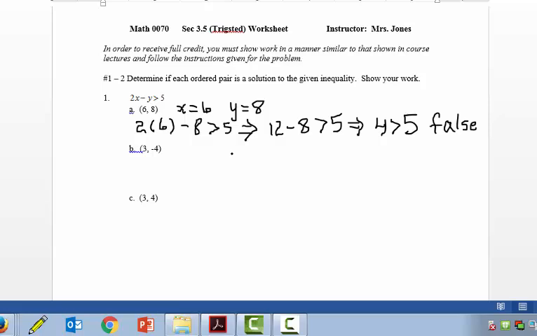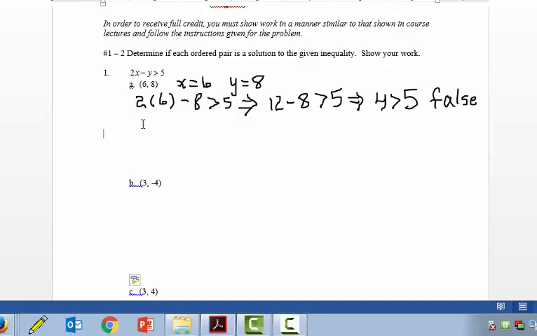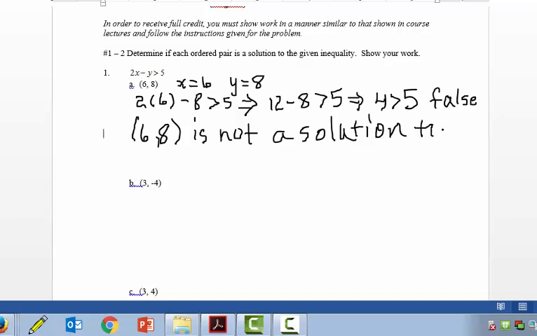So that allows me to conclude that this point, (6, 8), is not a solution to the inequality.